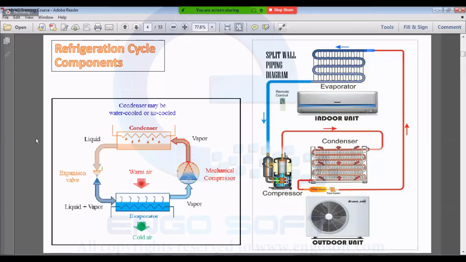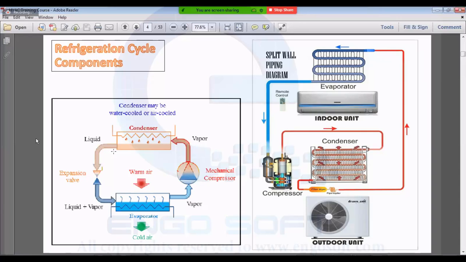Can you explain to me how we can provide cooling through this cycle? Yeah, I can give it a try. After installing the indoor unit, you have the evaporator and then the condenser.